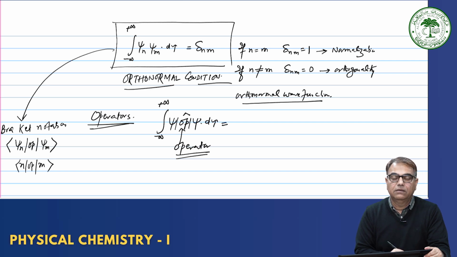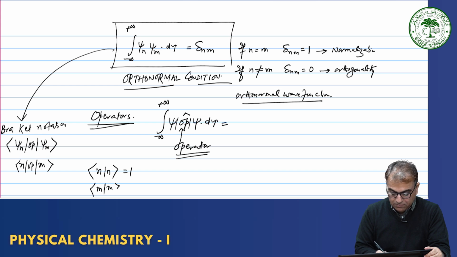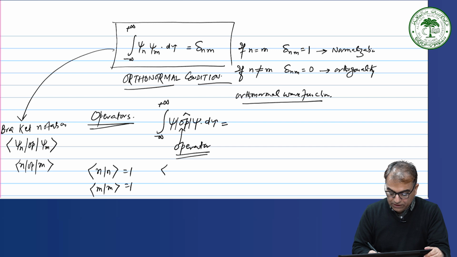Okay. So, it is very easy. If you have to write the normalization condition, then you write n with n is equal to 1, or m with m is equal to 1. If you have to write the orthogonality condition, then you write n with m is equal to 0.